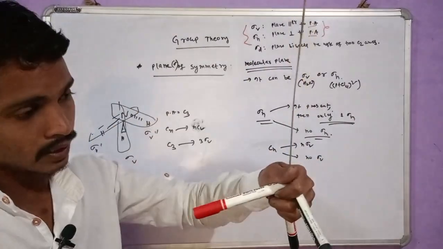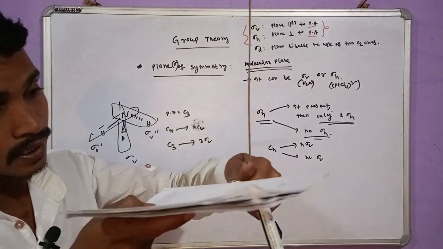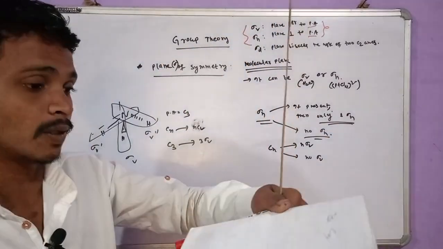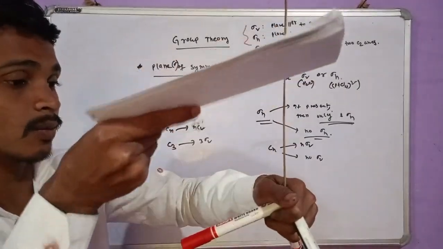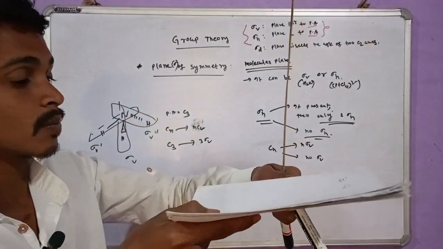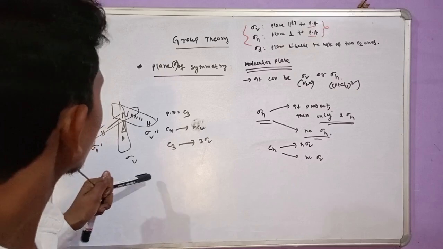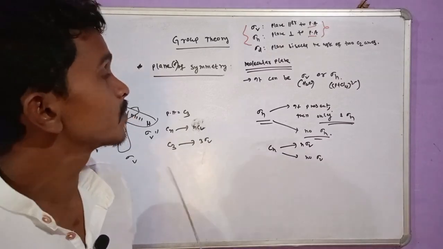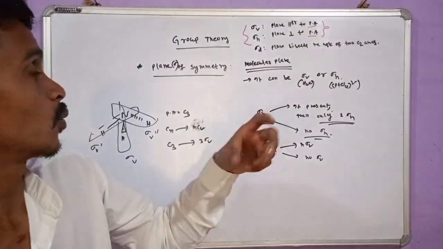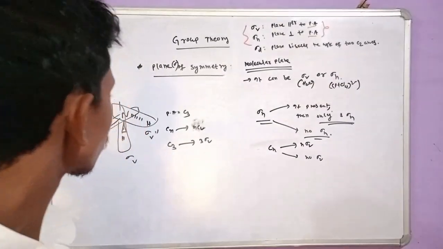For getting sigma h, I need a plane such that this and this are perpendicular. If I pass the plane like this, the atoms would reflect above, but no atoms are there above, so sigma h is not present. If sigma h is not present, all are sigma v. Okay. Frequently sigma h and sigma v are used; sigma d is used much less. So it is very important to be clear about sigma v and sigma h. Okay.